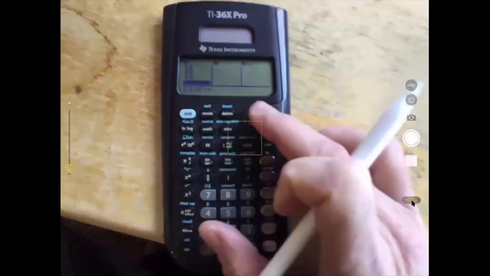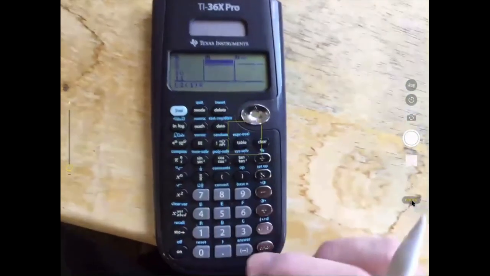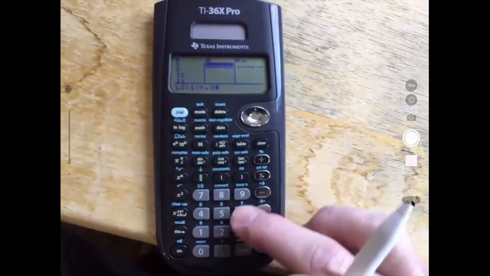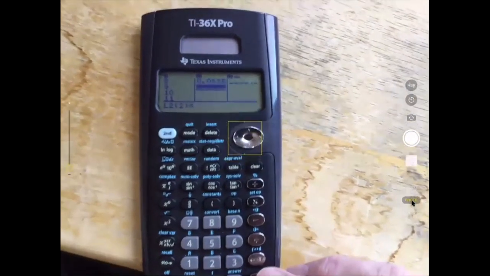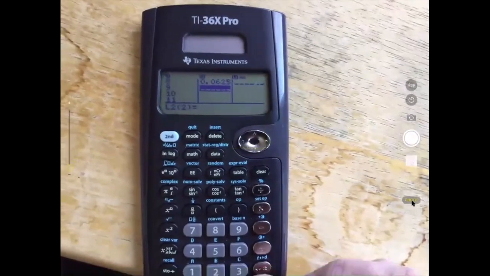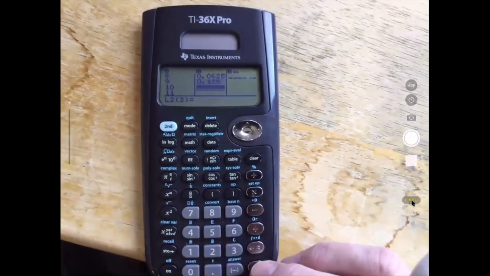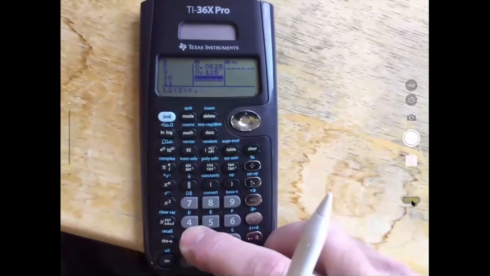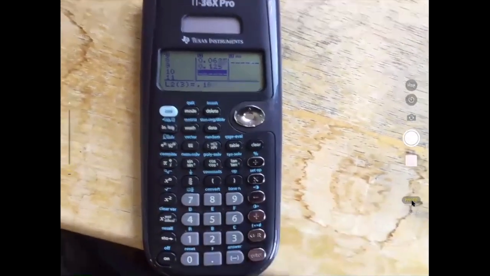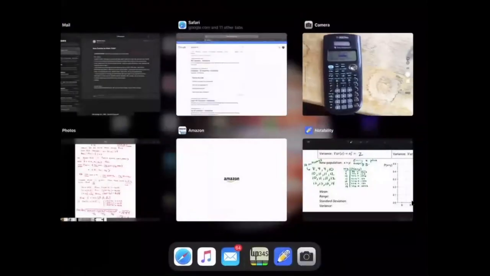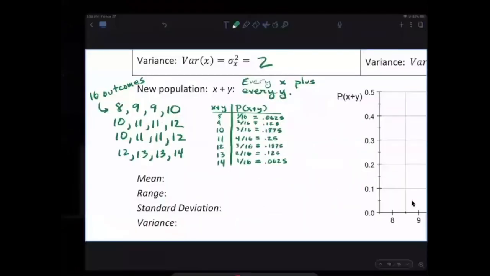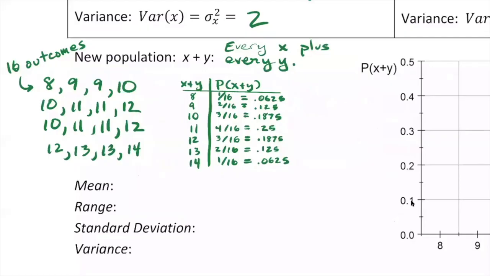I don't know if I can remember, but I think the first was 0.0625. And then I hope the next one was 0.125. Then 0.1875, what was the third one?